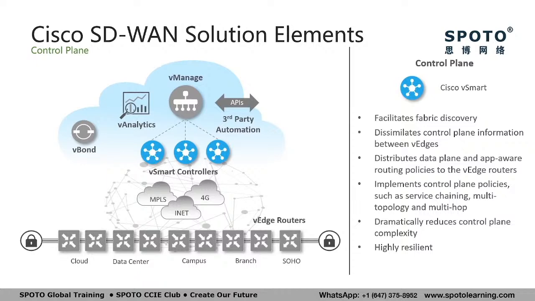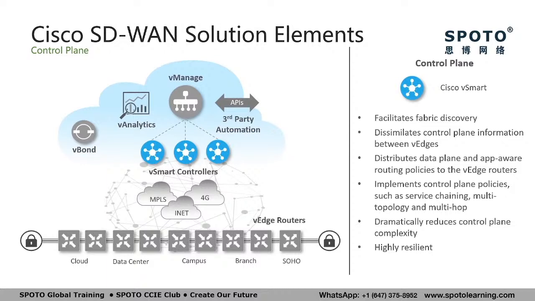This information includes service side LAN reachability, transport WAN side IP addressing, IPsec encryption keys, site identifier, and so on. vSmart controllers also distribute data plane and application-aware routing policies to the vEdge routers for enforcement.